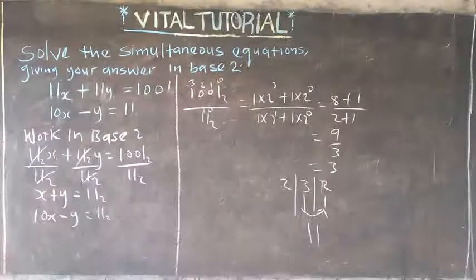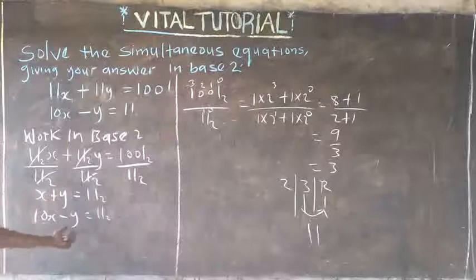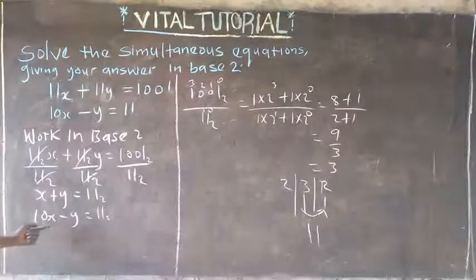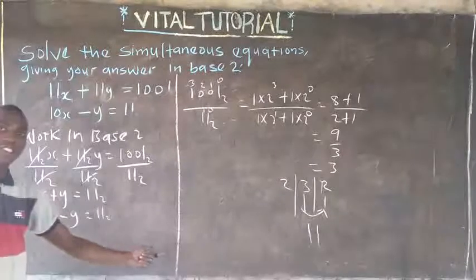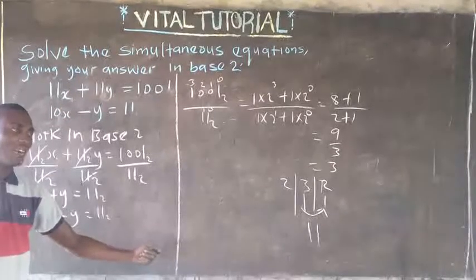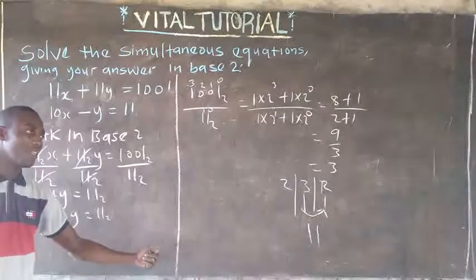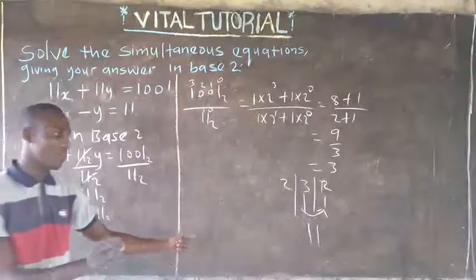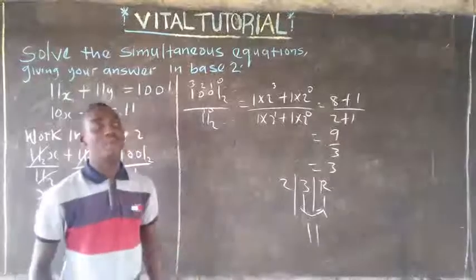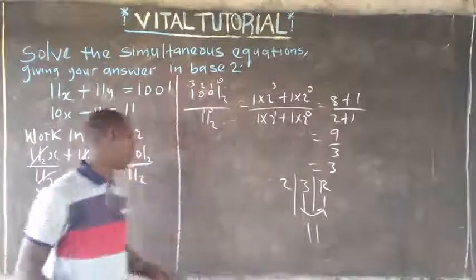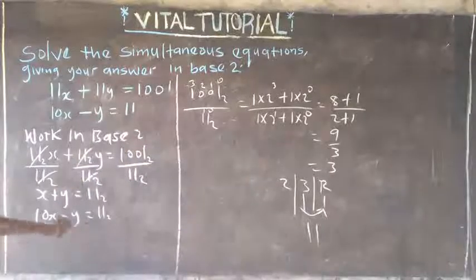So I don't need to convert this to base 10, because 1 and 0 is the normal answer for any number in base 2, because your answer must be from 0 and 1. If you are dealing with base 3, the answer will be from 0, 1 and 2. So you don't need to do anything here.